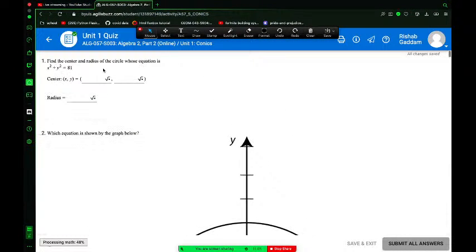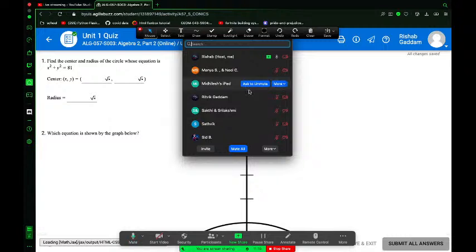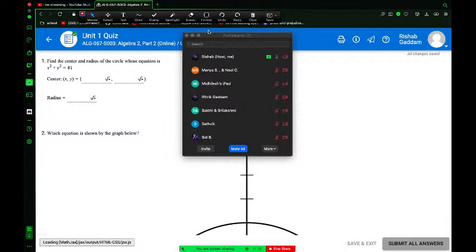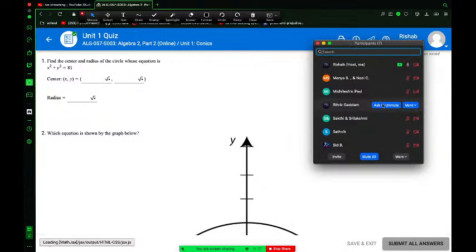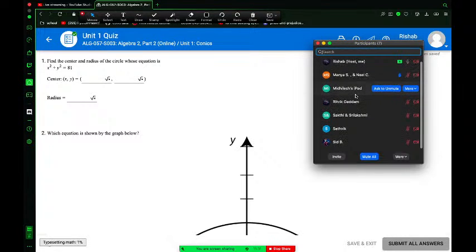It works. So find the center and radius of the circle whose equation is this. This one is really easy, so I'm going to let one of you guys do it. If you want to do this question, raise your hand in the participants list. Wait, could you repeat what you just said? I couldn't hear you. If you want to do this first question, then raise your hand in the participants list. Nobody else wants to do it?